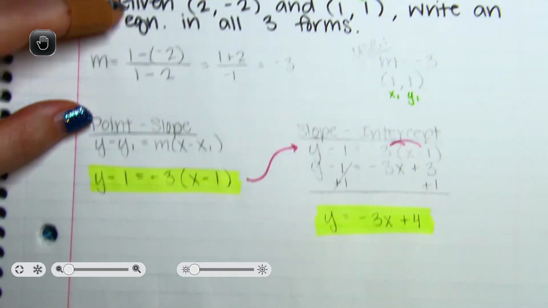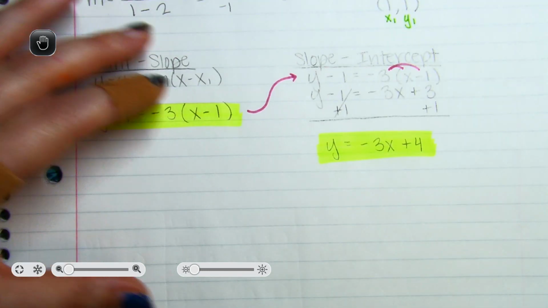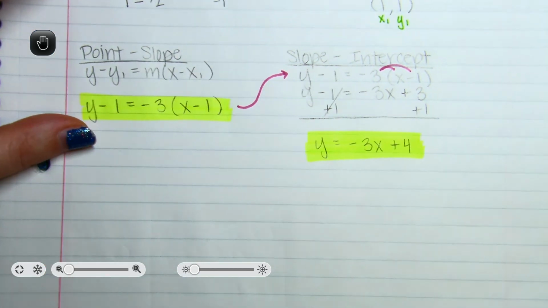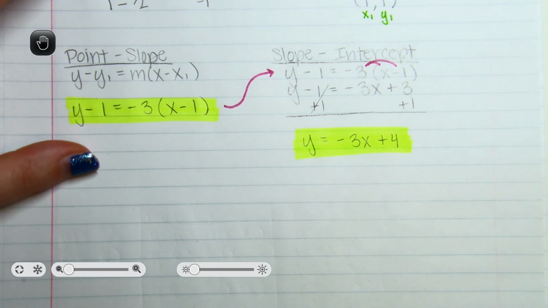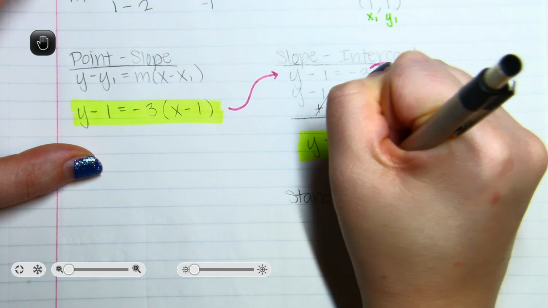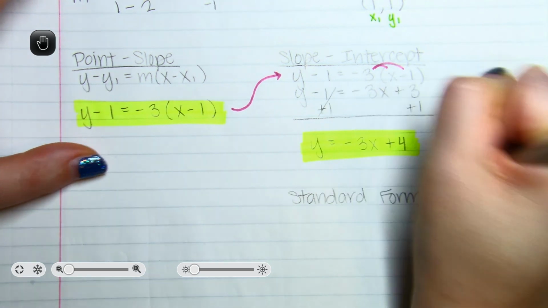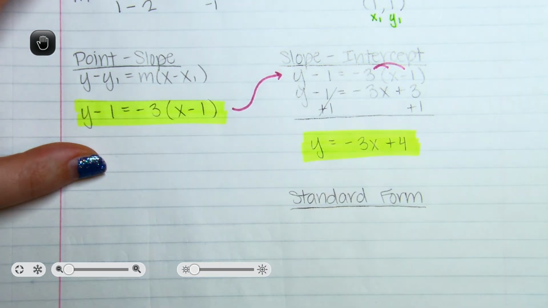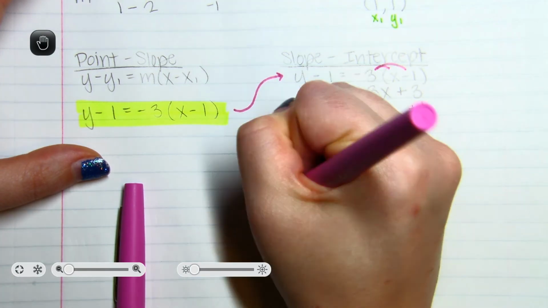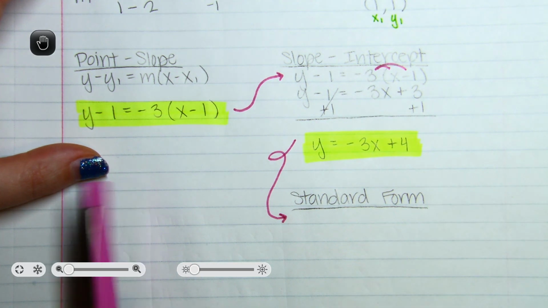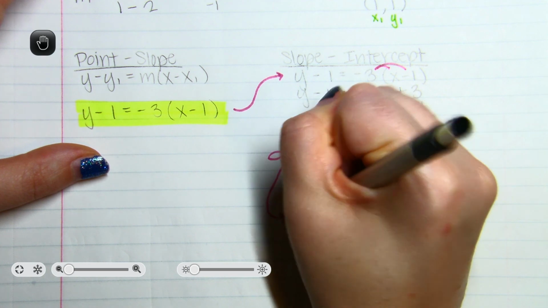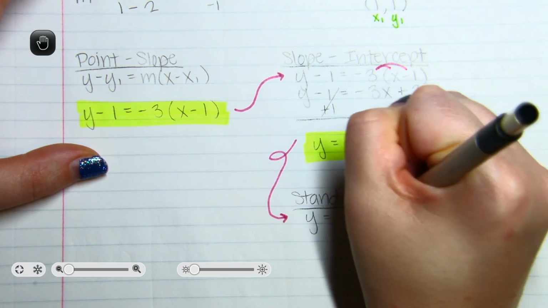And then the last form is standard form. So I'm going to take this and bring it down here and just rewrite it. So y equals negative 3x plus 4.